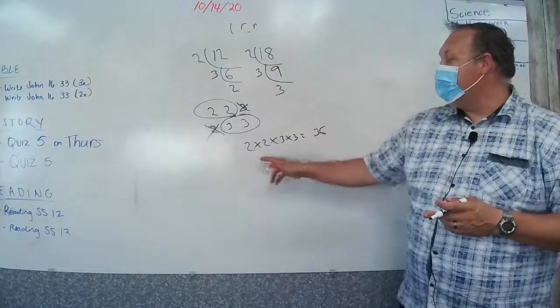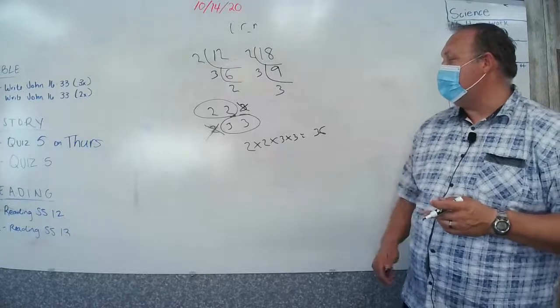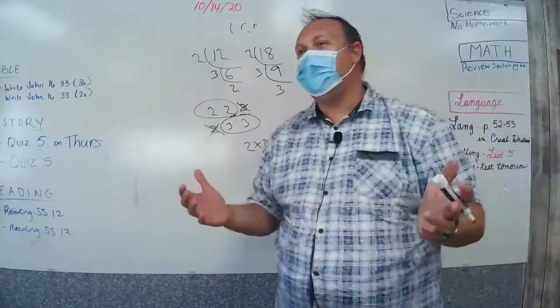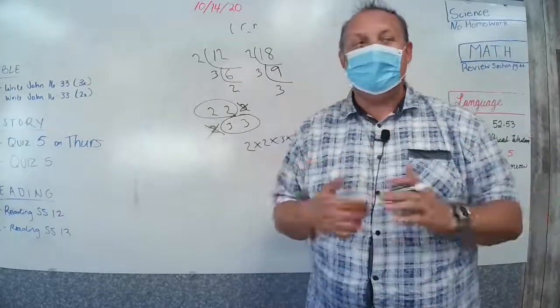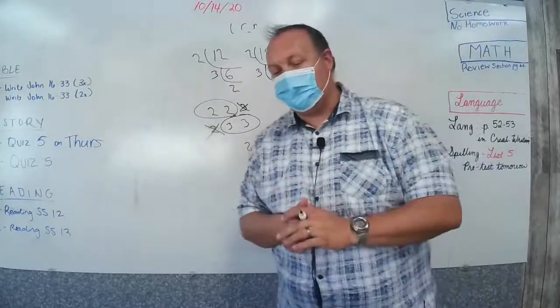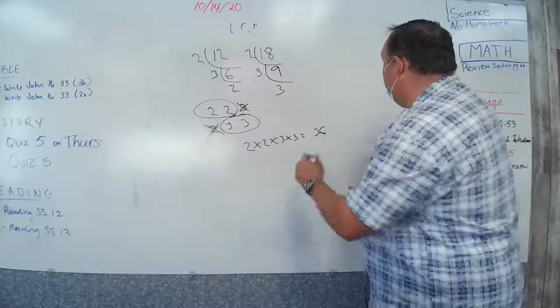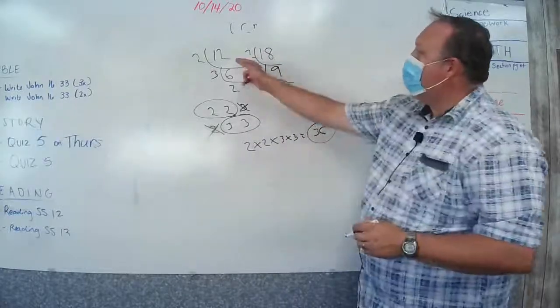Or you can do 2 times 3 is 6, 2 times 3 is 6, 6 times 6 is 36. Okay? Remember, multiplication, it doesn't matter the order that you do it in, you'll still get the same answer. So, the LCM for 12 and 18 is 36.